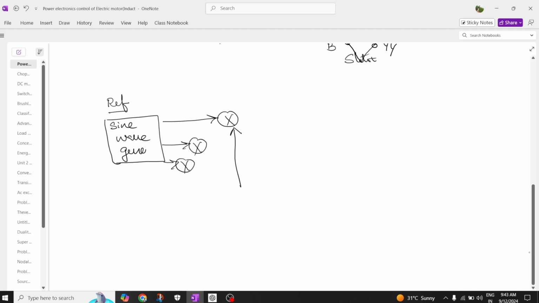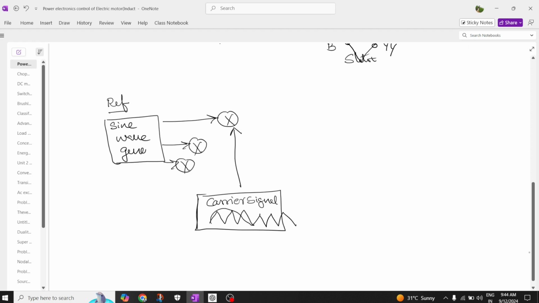Here we are going to compare with one more reference, which we call a carrier signal. So this signal we are going to generate is called a carrier signal.